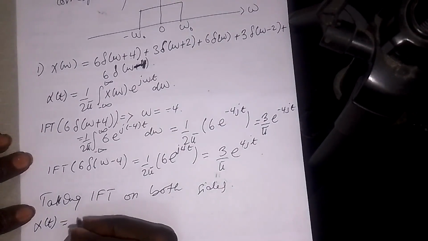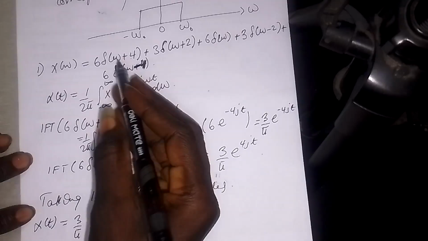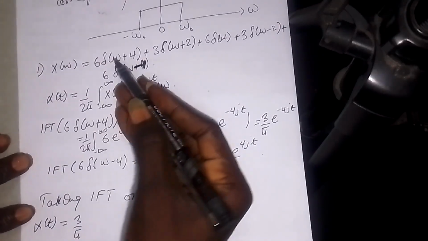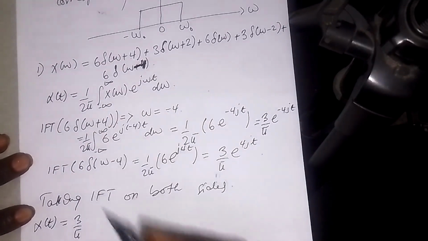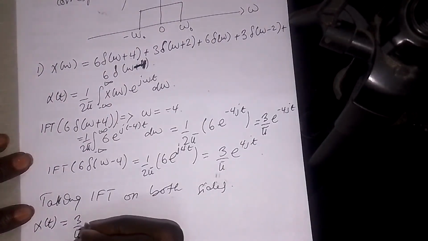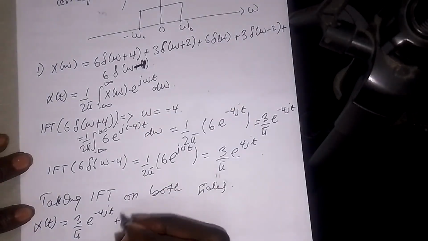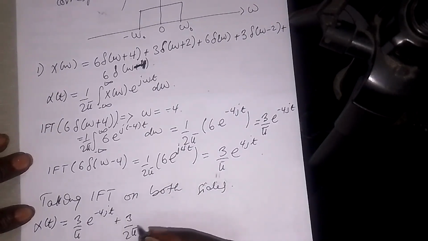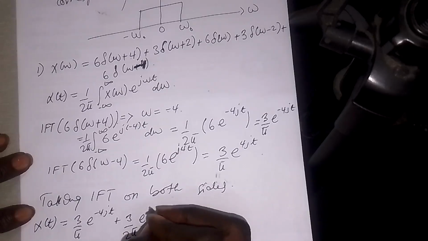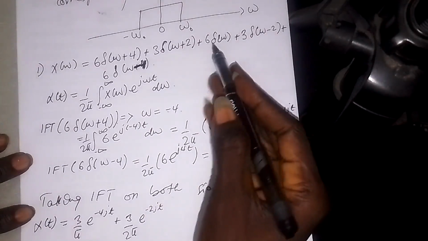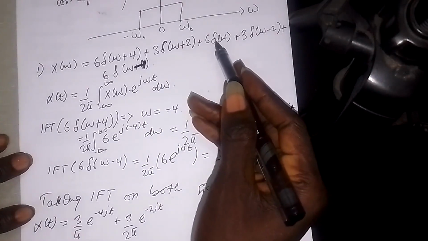Here I'm going to have 3 pi into e to the minus 4jt, and plus 3 on 2 pi, e to the minus 2jt. This one is occurring at 0.